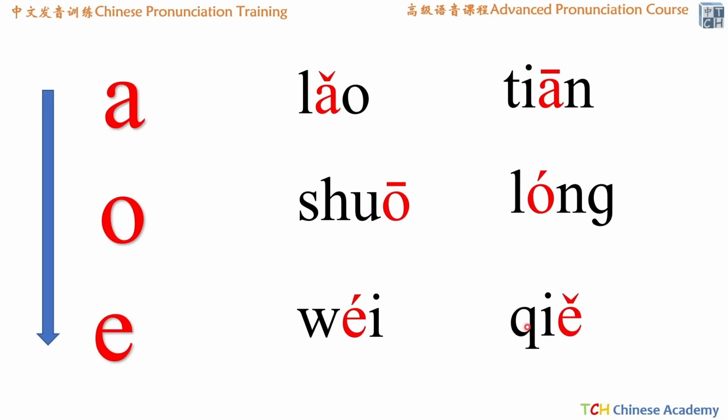And this one, qi, ye, qie. And the tone mark is on the e sound. So follow the sequence of a, o, e, and you know where to place the tone mark.